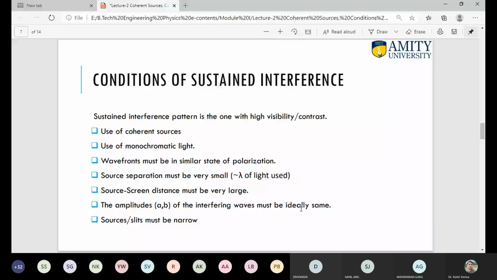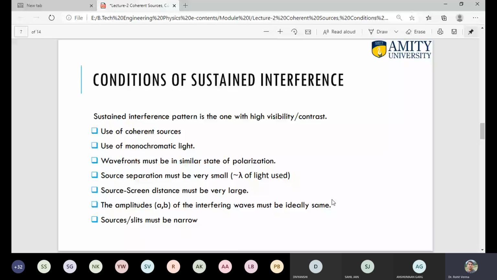The amplitudes of the interfering waves should be almost equal, because then at the points of maximum intensity you will get an intensity greater than the sum of the individual intensities, and at the points of minimum intensity you will get almost zero brightness.